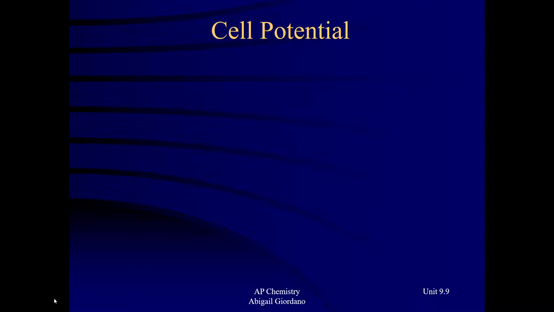Remember that we have two half cells that involve a redox chemical reaction, linking those two half reactions, one for reduction, one for oxidation, causes electrons to flow through a wire, and we get some voltage, some electrical power out of this situation. And that's what we're going to be looking at today. Cell potential is a fancy term that means how much voltage are we getting out of this galvanic cell, okay?